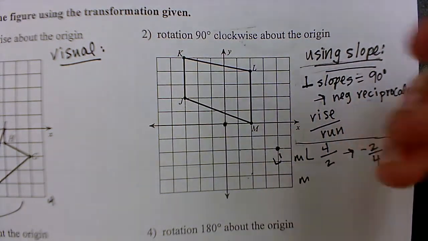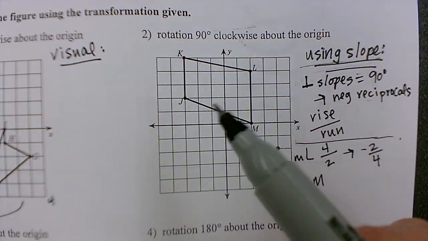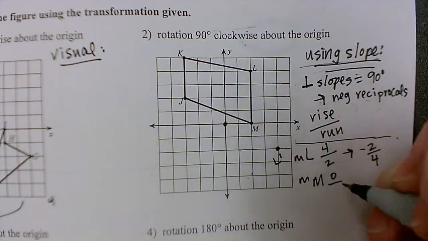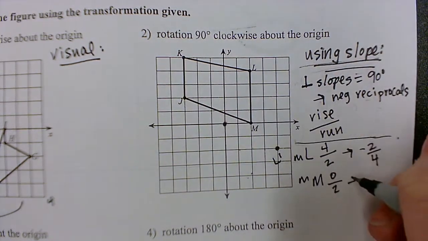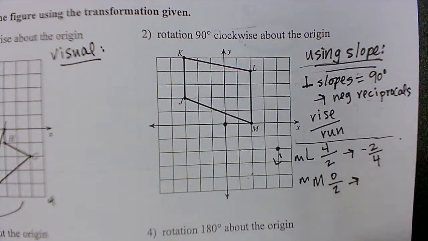So we can find the slope of, let's do M. I went 0 and then 2 as my rise over run. I know that's really just a slope of 0. Oh, sorry, that's not a slope of 0. 0 divided by anything is 0. So that's our horizontal line there.